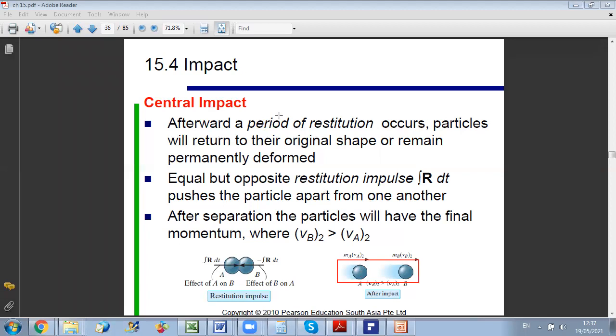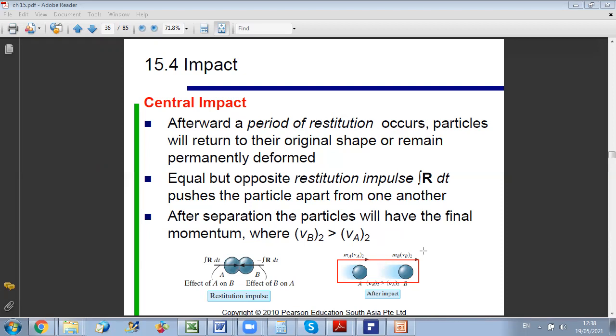This is why when you have an impact, you can directly say, if I take the system of the two balls A plus B, I can apply conservation of linear momentum on the system. This will give me a first relation between VA2 and VB2, knowing the initial velocities, of course. So I still need another relation to close my system.